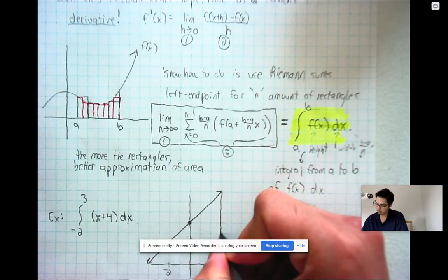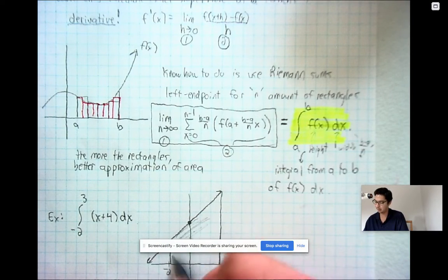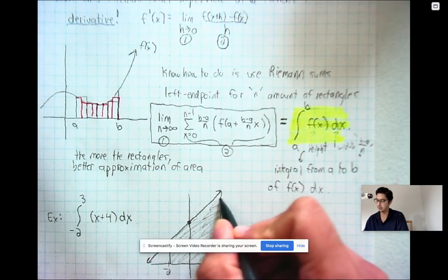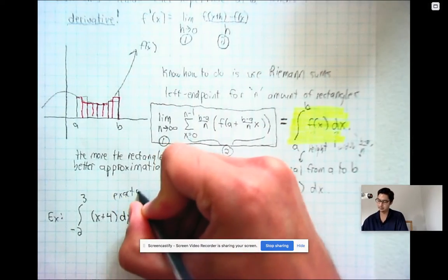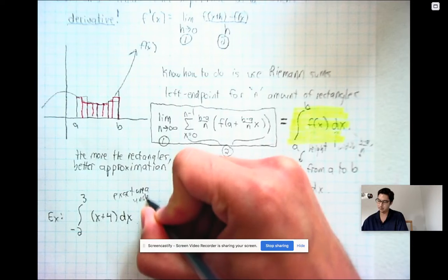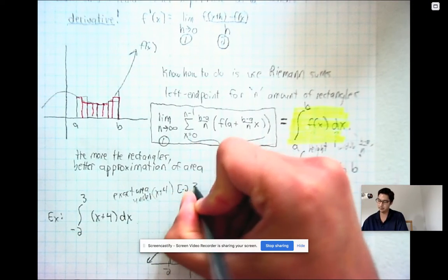Right. So what this notation is saying is what's the exact area under this curve right here. Right. So what's the exact area under x plus 4 from -2 to 3.